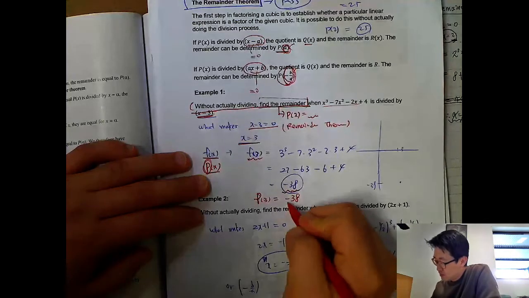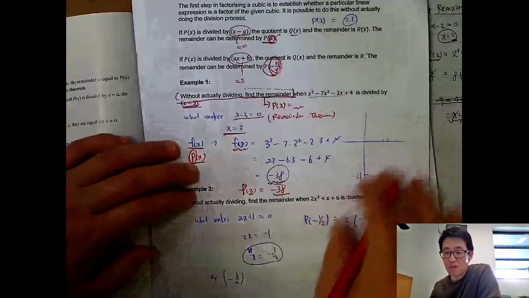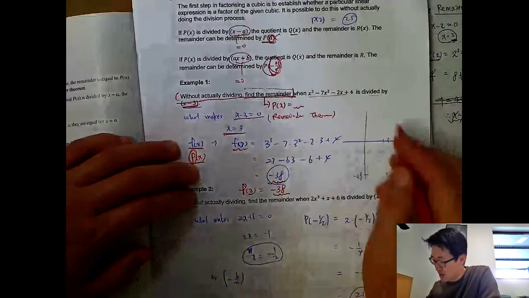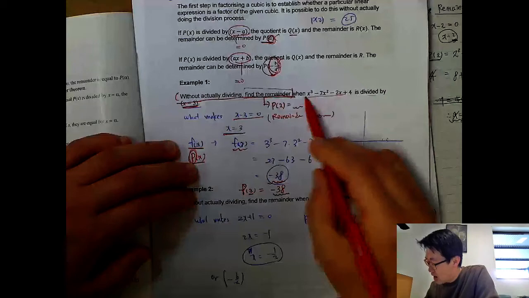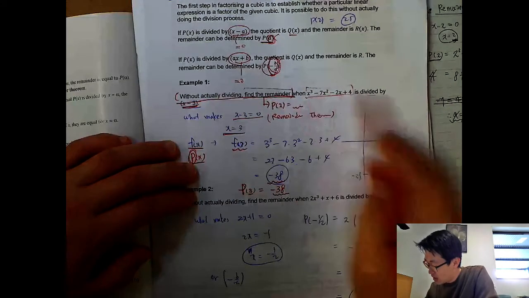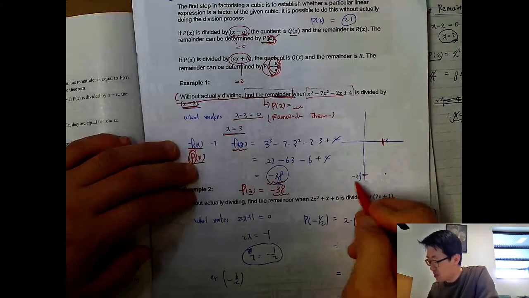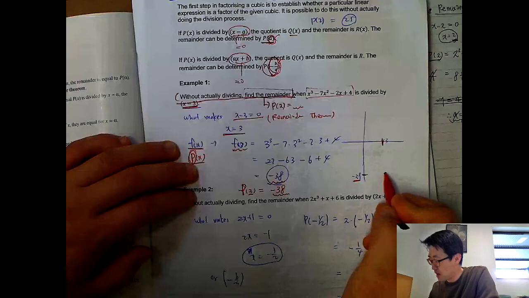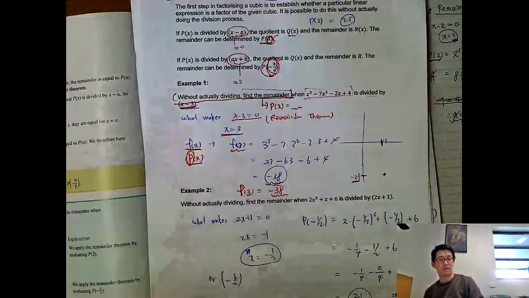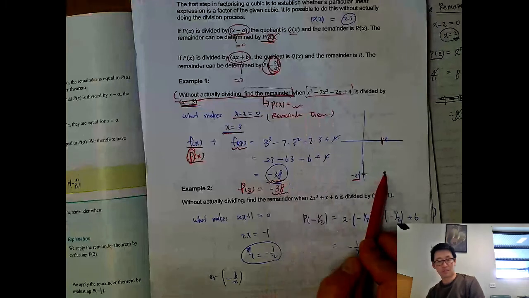Okay? When x is 3, I can actually draw that. This is not relevant to this, but I've just expanded. I'm not able to draw that yet, but I know when x is 3, the y value is minus 38. So that curve will pass that point.